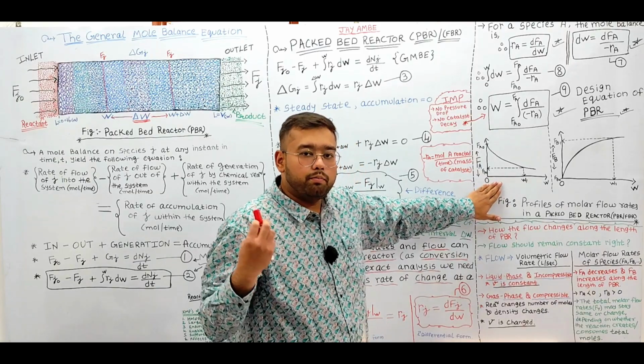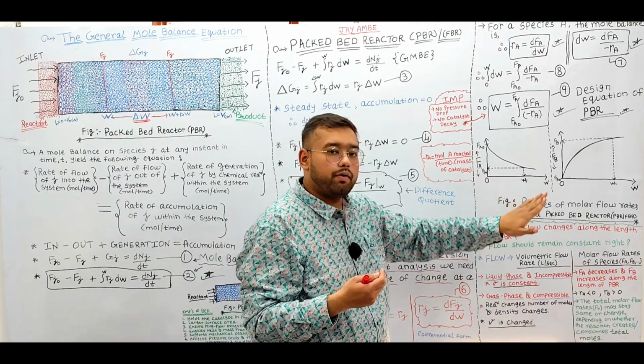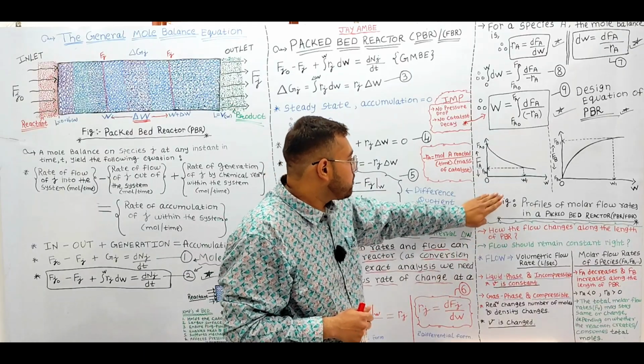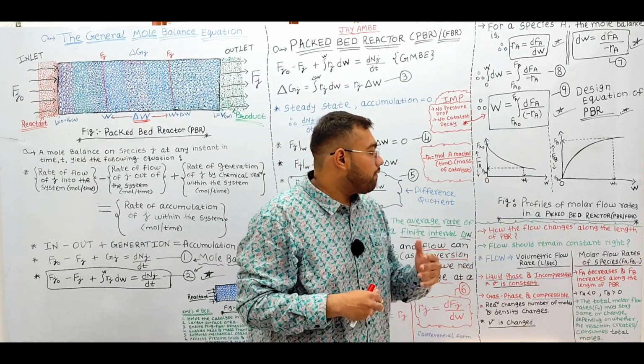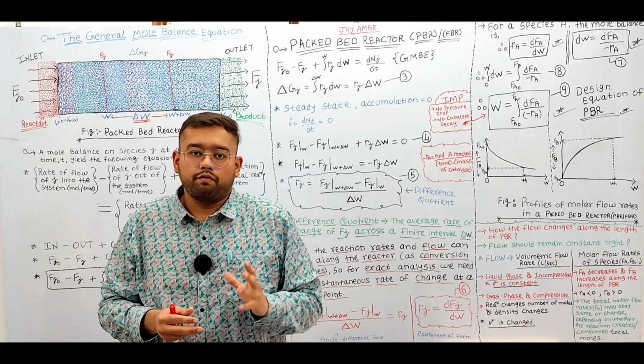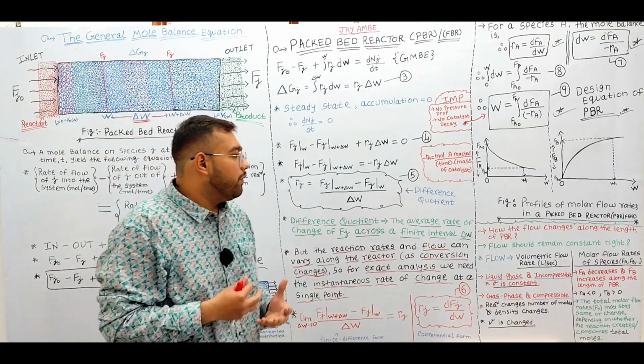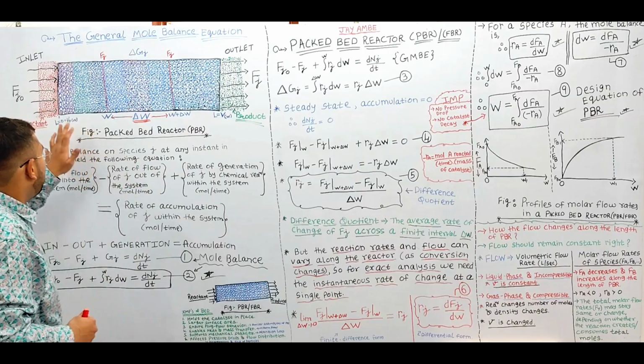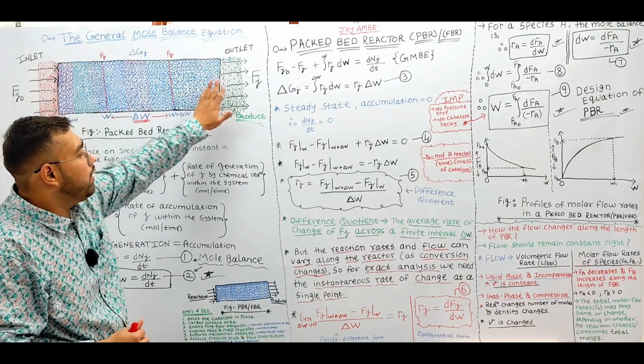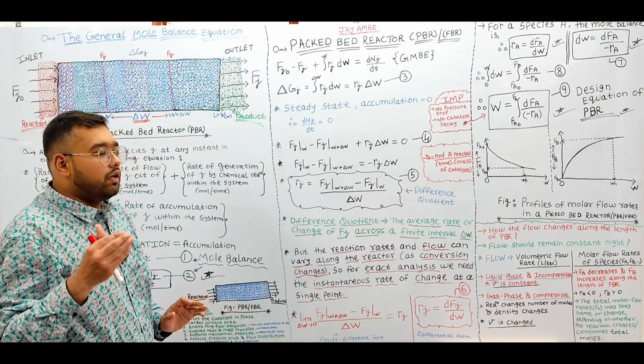We already understood this in the plug flow reactor, so the same figures will be applicable to the packed bed reactor. This figure indicates the profile of the molar flow rates, how the molar flow rates of reactant and product vary with respect to the length, volume, and weight of the catalyst present in the packed bed reactor.